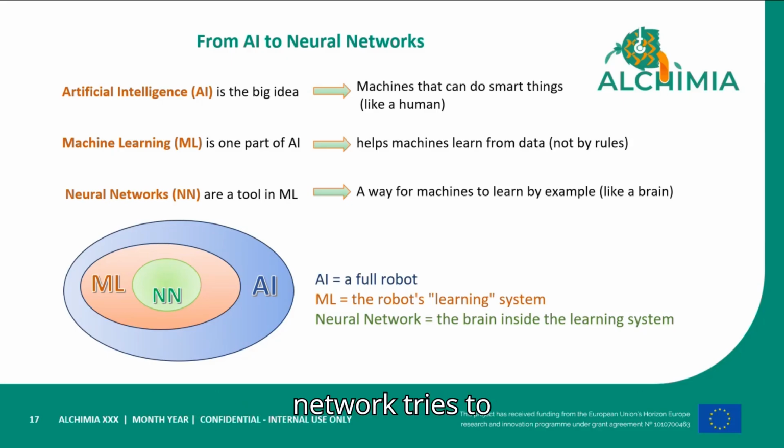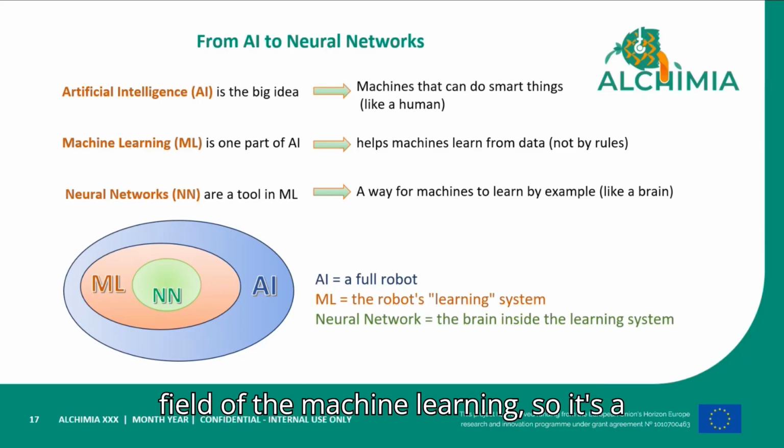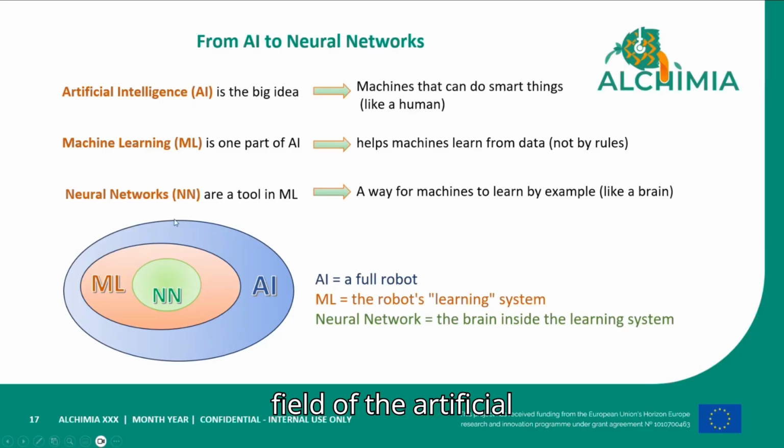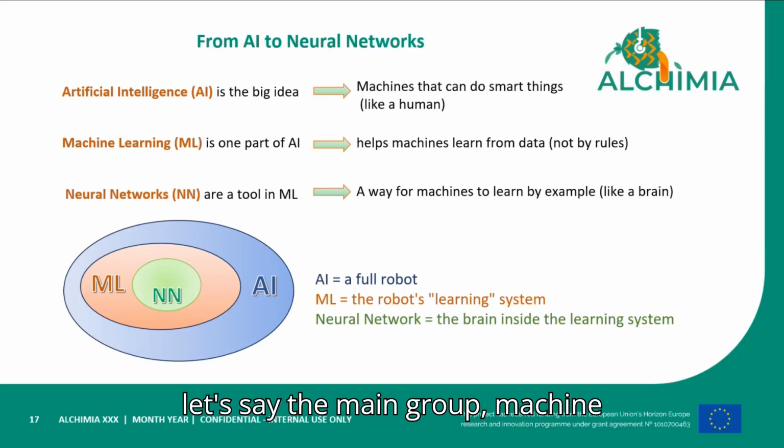Well, a neural network tries to emulate the behavior of the human brain, basically. It's a field of machine learning, so it's a field of artificial intelligence. So artificial intelligence is, let's say, the main group.